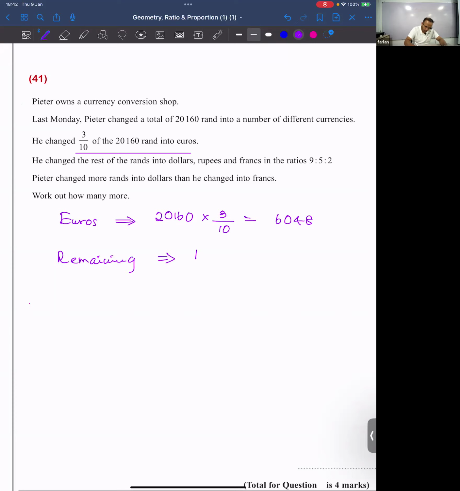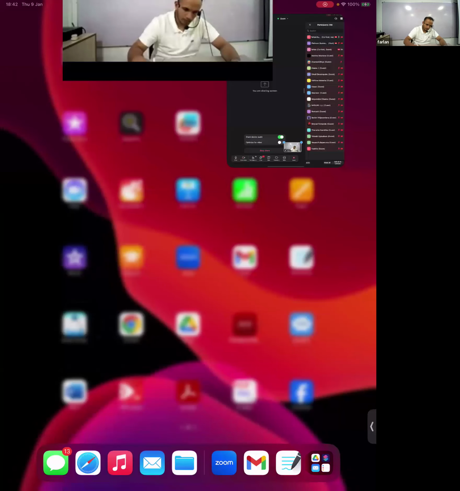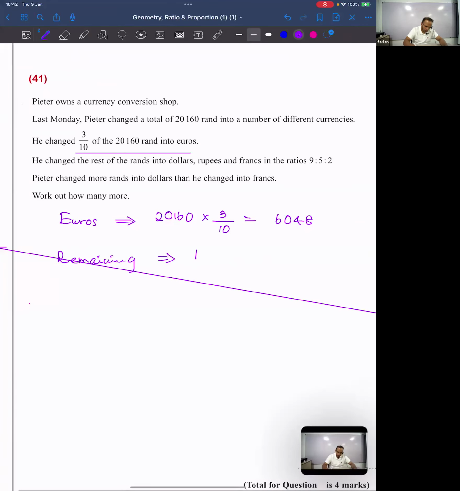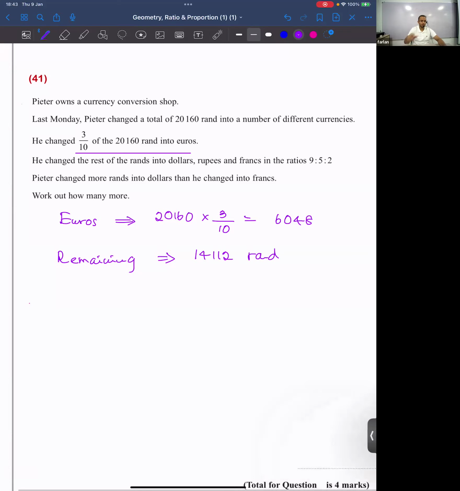The remaining is 14,112 rand. Please stop talking there. Now this remaining 14,112 rand is what he is converting into dollars, rupees, and francs in the ratio of 9:5:2. So dollars to rupees to francs is 9:5:2. Am I right?